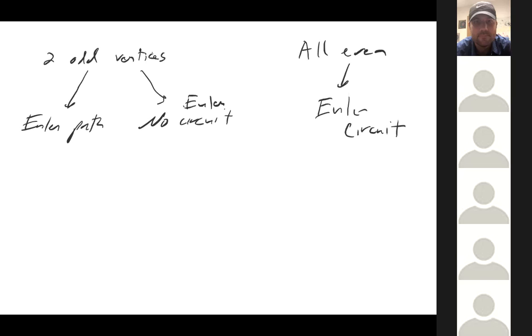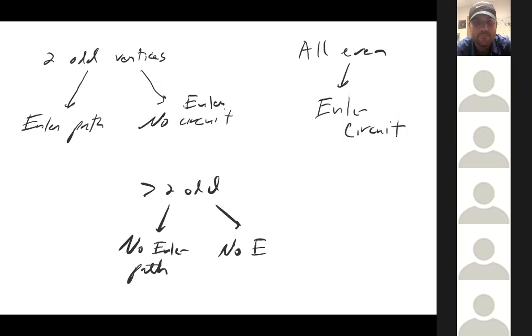And then greater than two odd, no Euler path and no Euler circuit, both. Those are the three cases. This is part one of Euler, part two of Euler, part three of Euler.